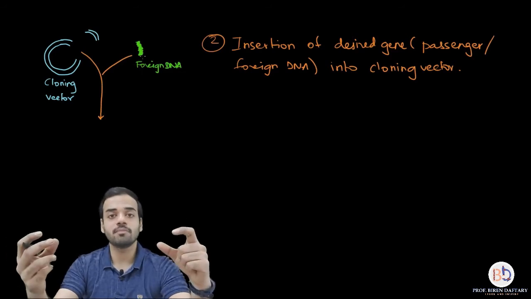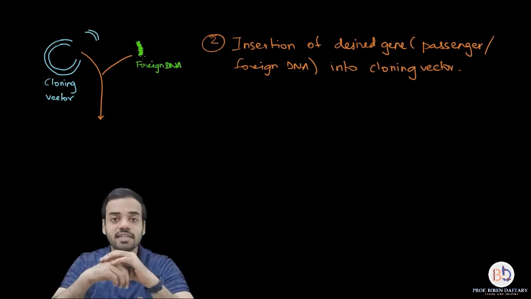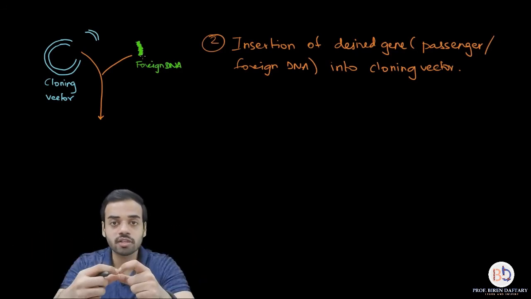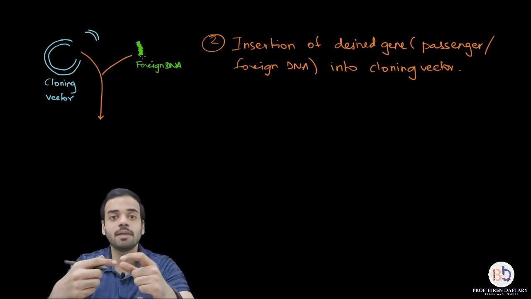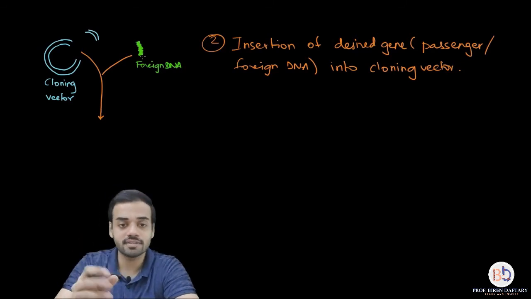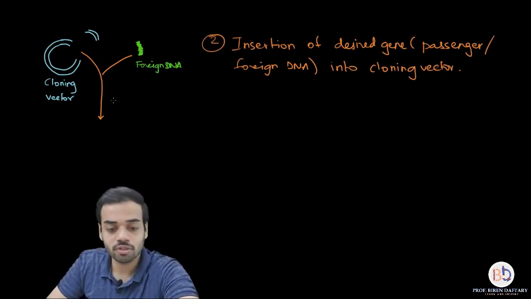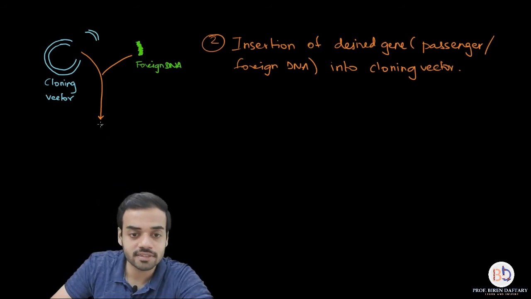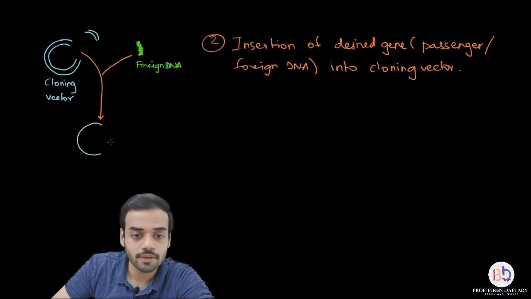Both of them are going to have complementary sticky ends, so we will bring them closer, and the complementary ends will attach to each other. Are you getting this? So you are going to get a structure which is like this. This is your plasmid.